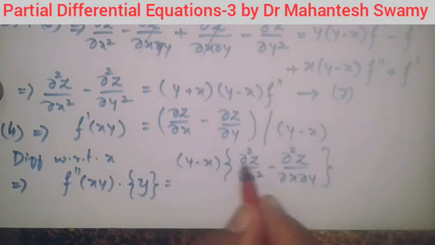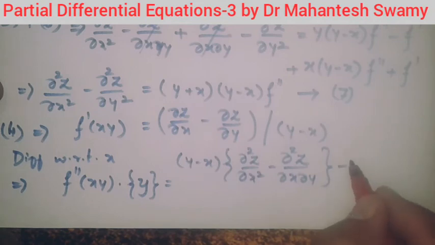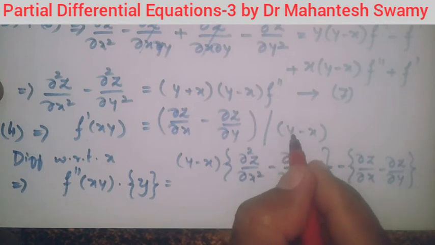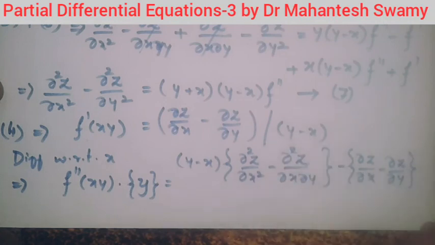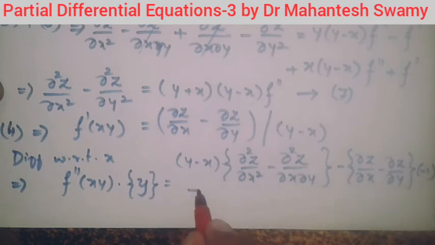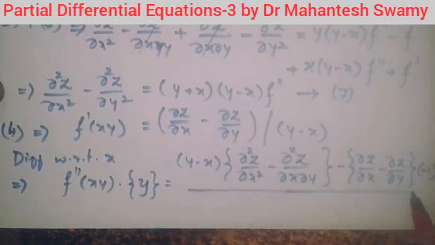So keeping the denominator as it is, differentiate the numerator, minus the numerator as it is, that is ∂z/∂x minus ∂z/∂y as it is. Differentiation of the denominator is 0 minus 1, so it is simply minus 1. The denominator is simply y minus x, and the differentiation is with respect to x partially, so in the denominator we have to take the denominator whole square. So we have applied the quotient rule and we have written this much.